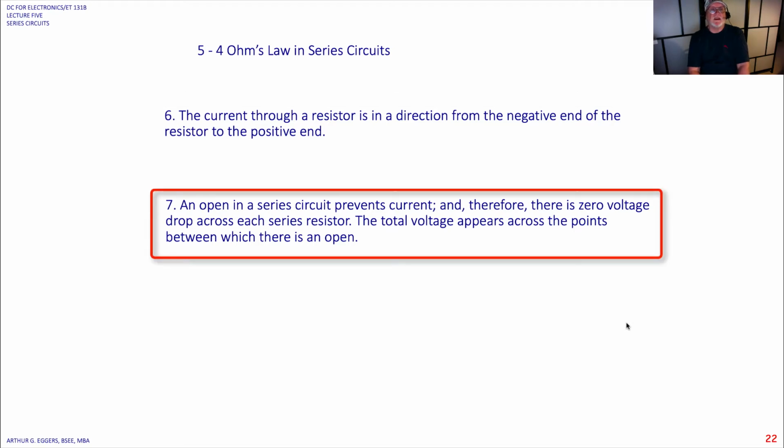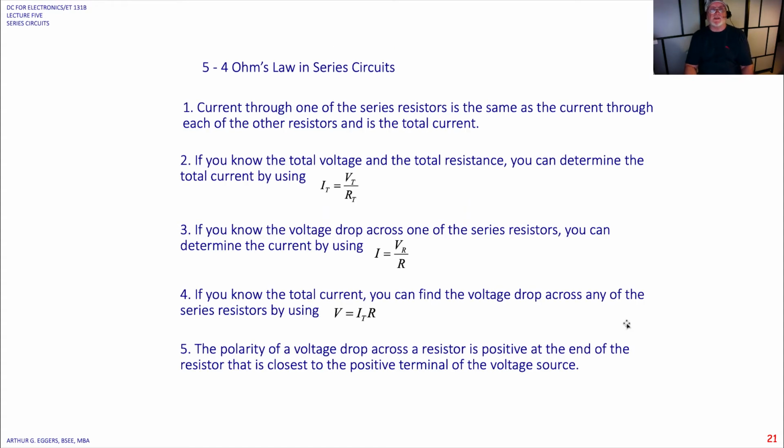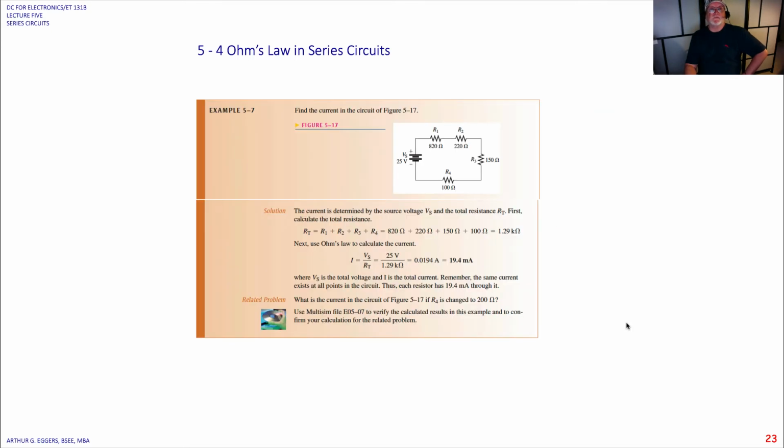And 7, an open in a series circuit prevents current, and therefore there is zero voltage drop across each resistor. The voltage total appears across the points between which there is an open. So become familiar with these statements. Again, copy them down in your notebook, because you may need to refer to these rules in helping you solve for the analysis of any circuit.